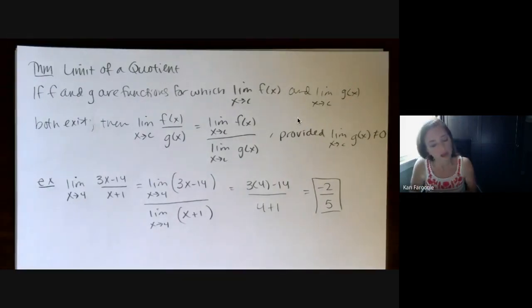Now, I really want you guys to be able to think in between these different methods we have for finding limits. Of course, you can always go to your graphing calculator and look at your table or look at this function graphically and verify this limit.